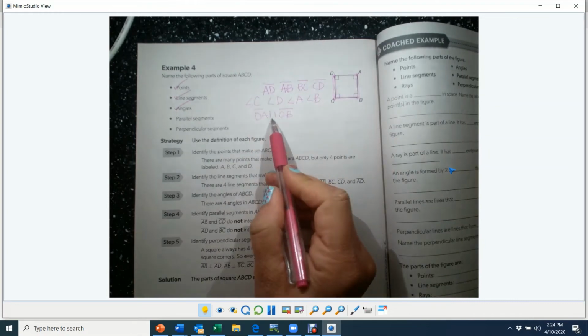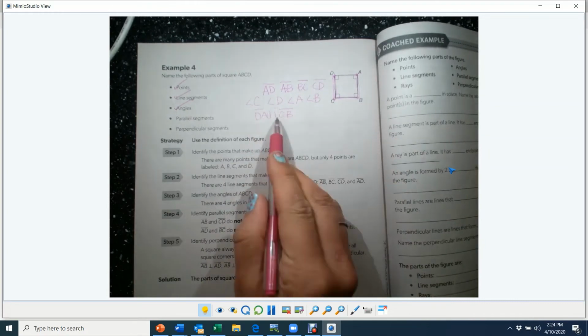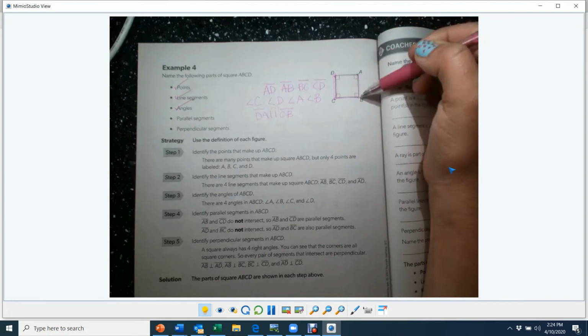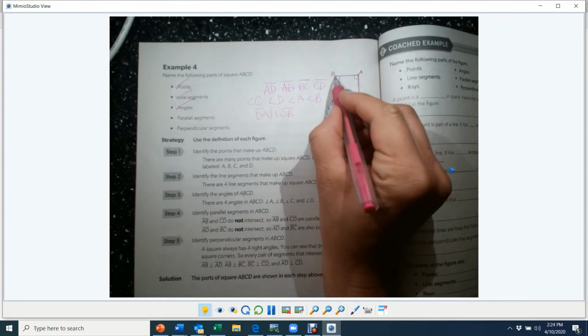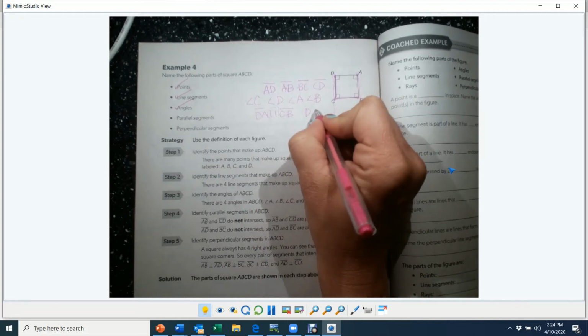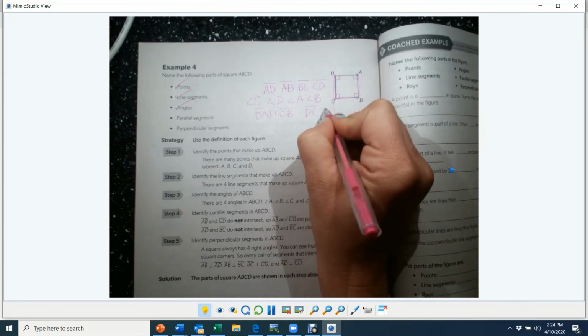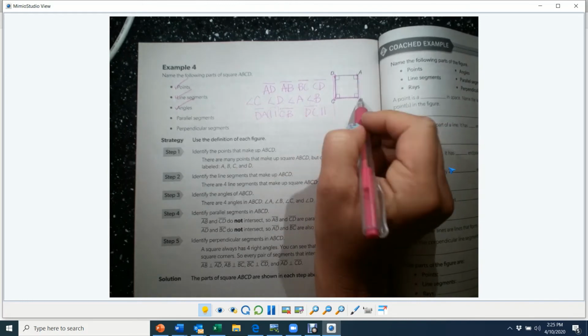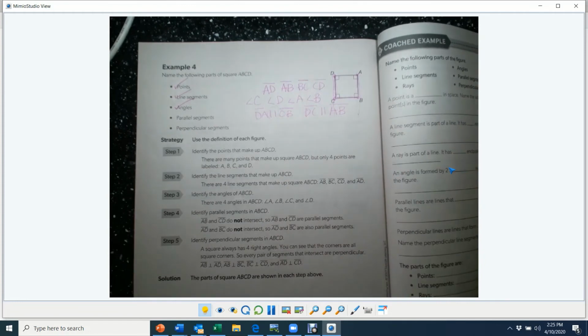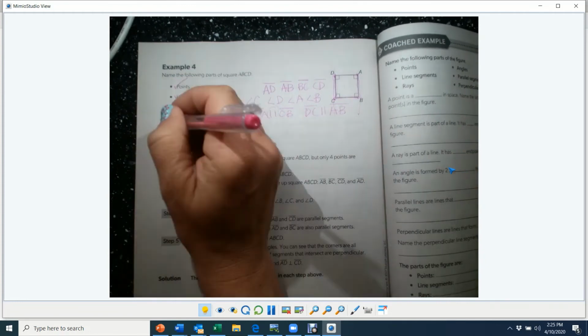And remember, we just do those 2 little lines right here that show us that it's parallel. Also, C and D are parallel to B and A, right? Because these are never going to touch. So DC is parallel to AB. And remember, it doesn't matter what order you write the letters in. So we've done our parallel segments.